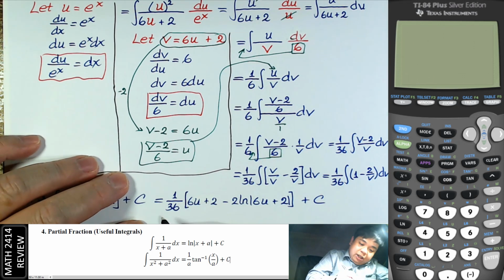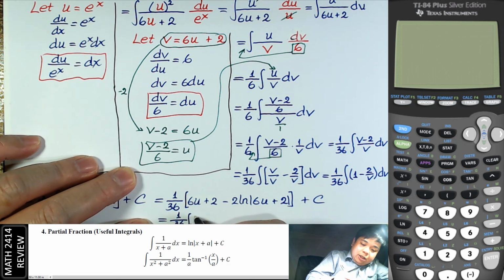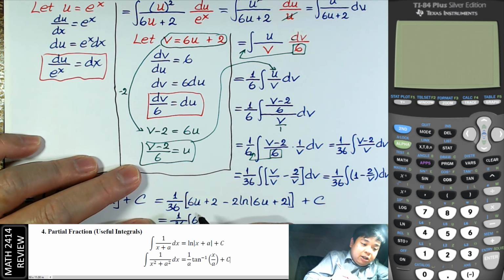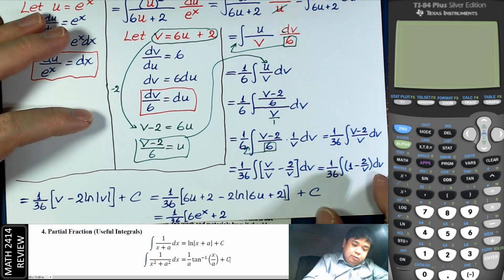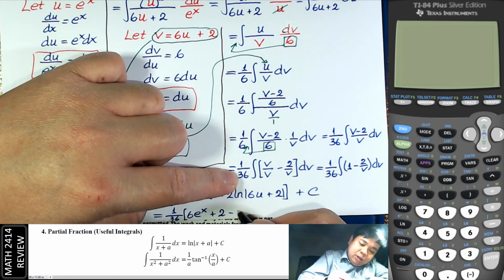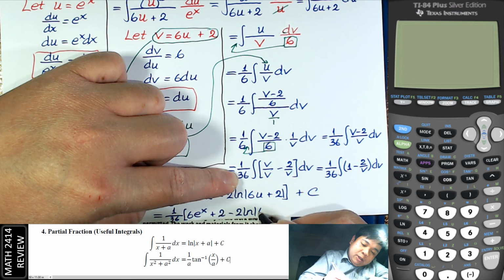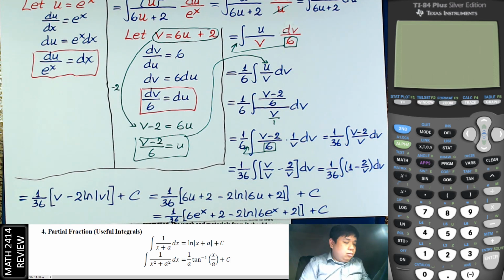Substitute that back in here. 1 over 36 times 6e to the x plus 2, where u is e to the x, minus 2 ln of 6e to the x plus 2, plus c. Right, so that's what we have for that problem. I think I'll stop here and pick it up in another video.